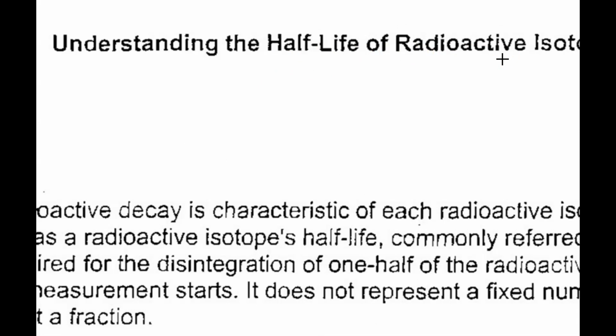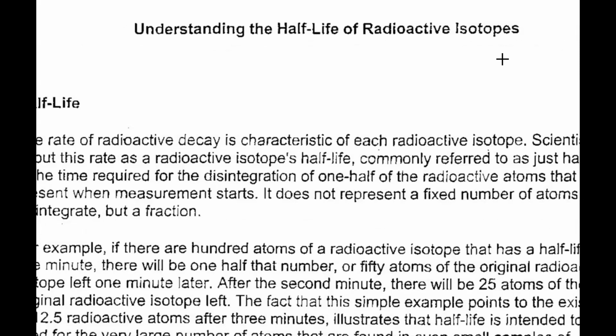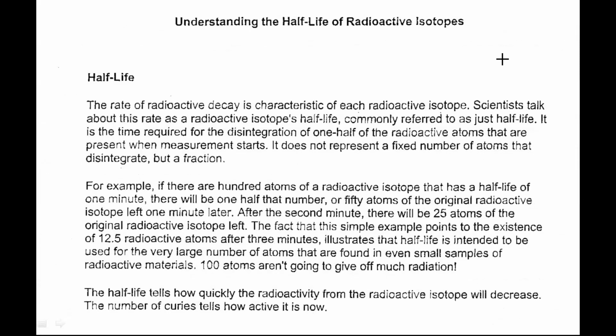The half-life of radioactive isotopes tells us how stable or not so stable a particular isotope is. So let's take a look at the definition of half-life and how half-life can help us to understand the stability of different isotopes.